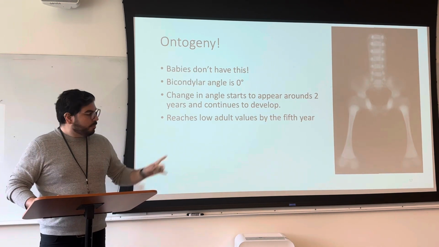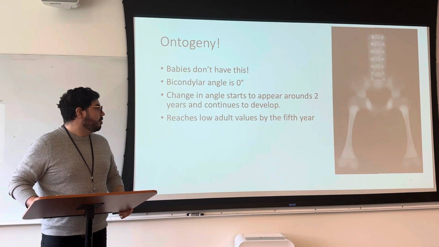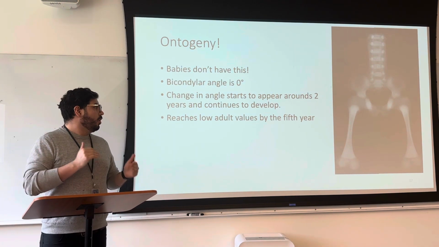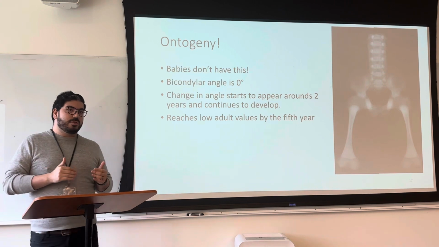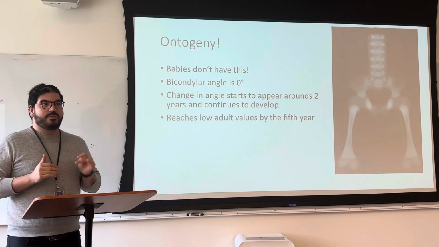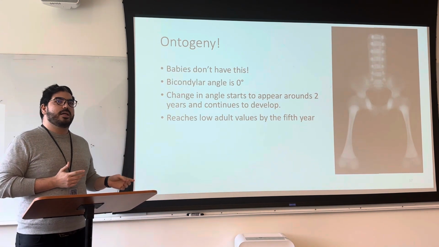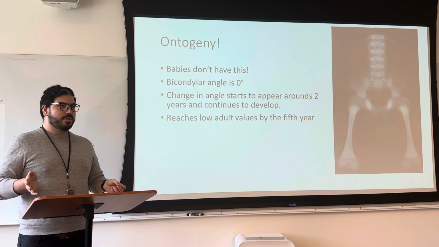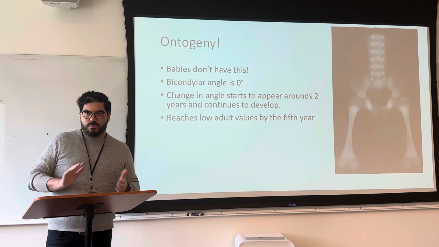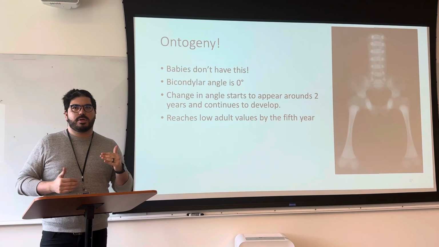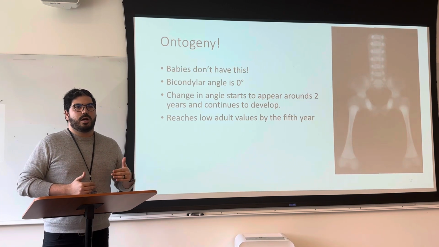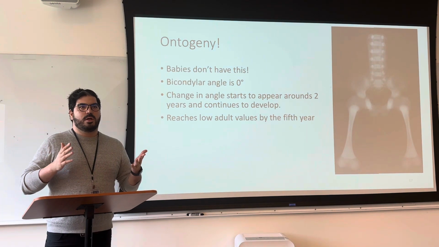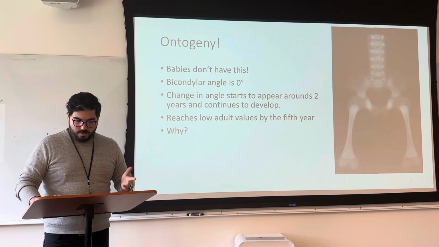So we see that children start reaching low adult values of bicondylar angle by 5 years of age. By that time, these kids have been walking around for at least 3 years, primarily as their form of locomotion. So the forces that are always being applied are helping it develop.